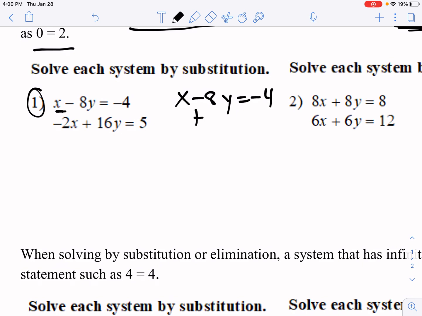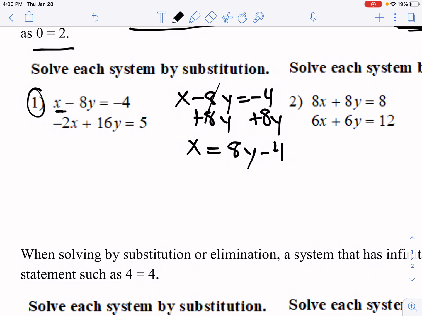So let's add 8y over. And that moves our 8y over so that we can truly have x by itself. We're isolating x. This goes away and we get x equals 8y, a positive 8y, minus 4. Okay, so now we know that x is equal to 8y minus 4.